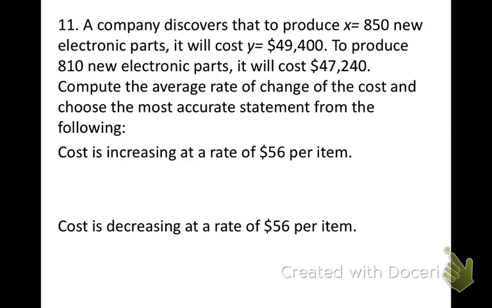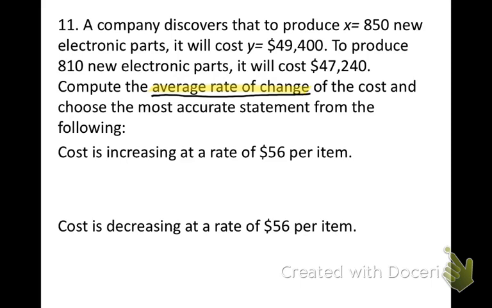All right, so we discussed briefly in class when we talked about notes I that average rate of change is calculated like slope is. So we're looking at the change in cost over the change in production, okay?